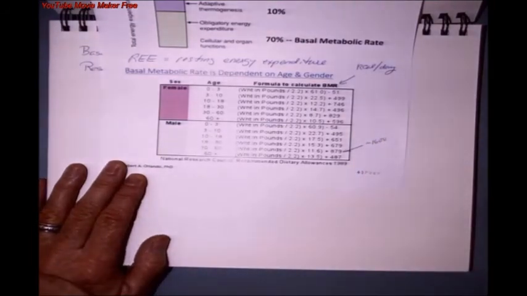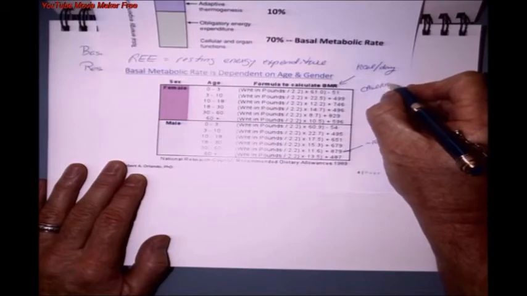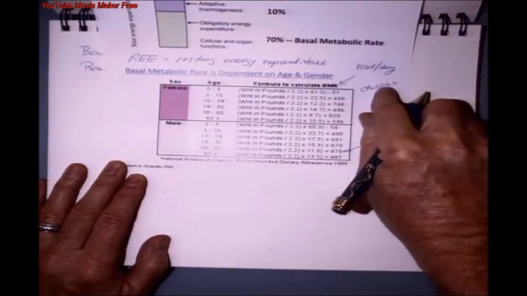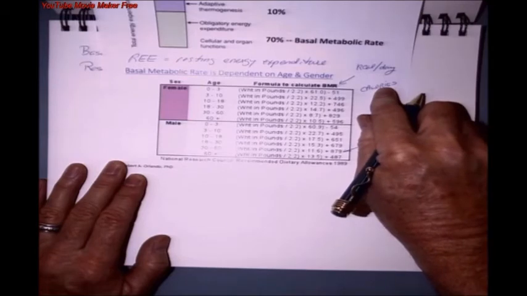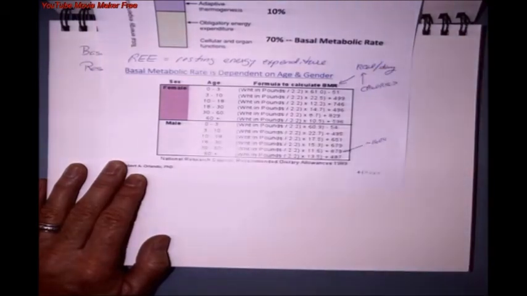Do you know the difference between calories and kilocalories? Capital calories? Not small calories, but big caps. One big cap calorie, I sound like a McDonald's commercial, equals 1 kilocalorie.